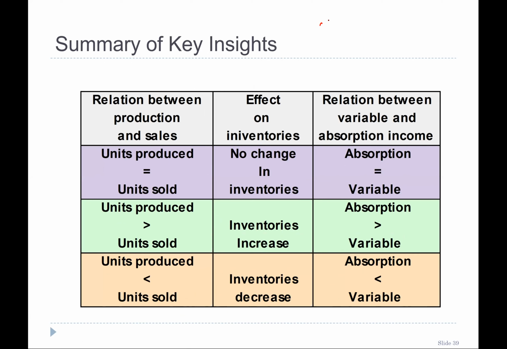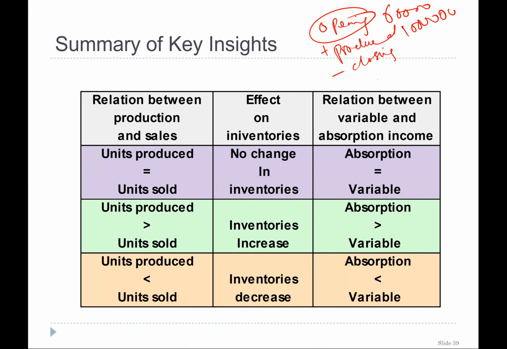Right? The formula is opening inventory plus produced minus closing. So we have opening inventory. For example, opening inventory is 60,000 and we produce 100,000 and we sell, for example, 130,000.